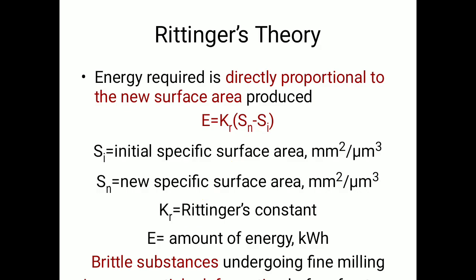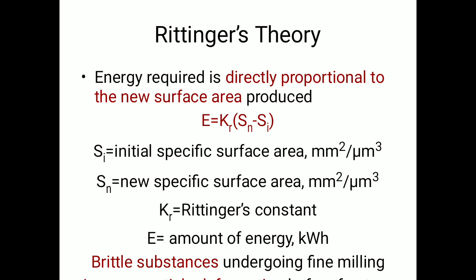Next one is Rittinger's theory, which says that the energy required is directly proportional to the new surface area produced. So the equation becomes capital E is equal to Kr, that is Rittinger's constant, multiplied by Sn minus Si, that is the new specific surface area minus the initial specific surface area.